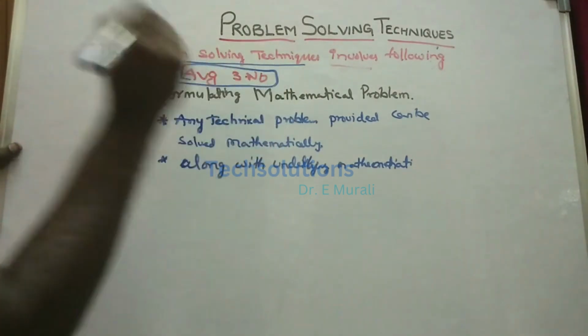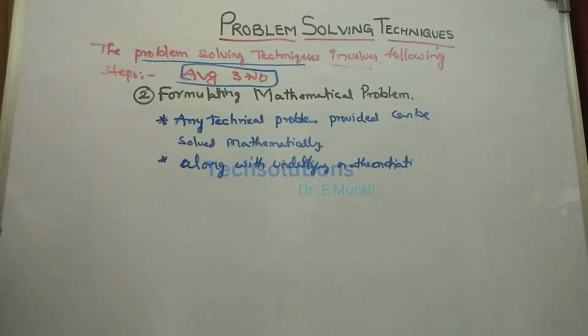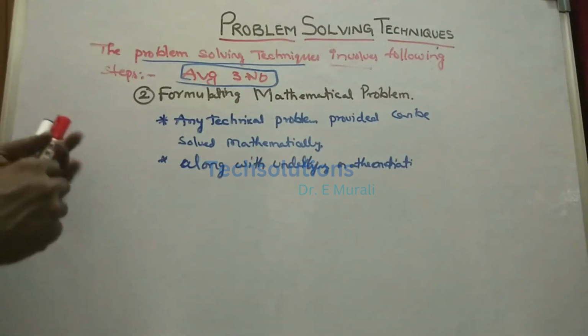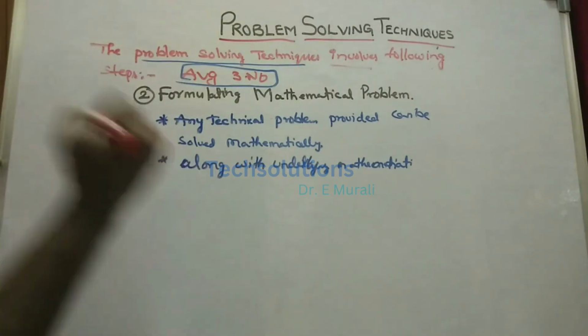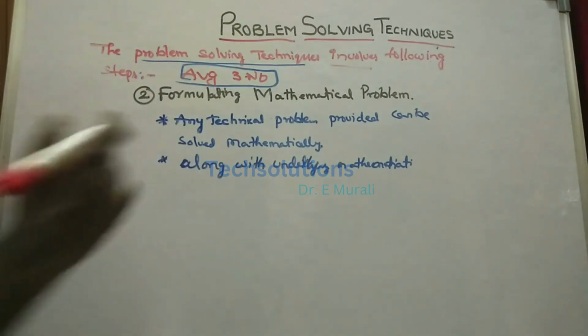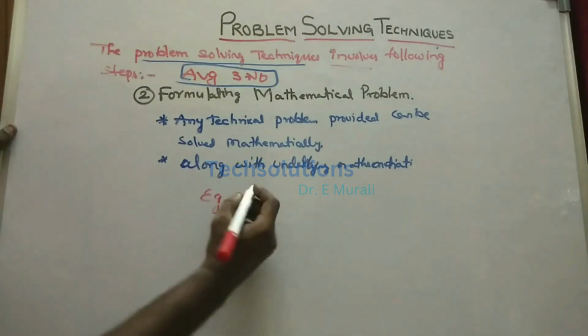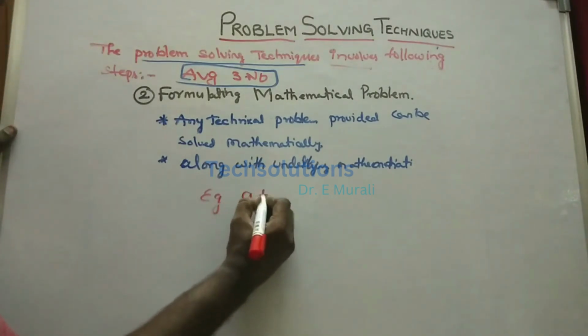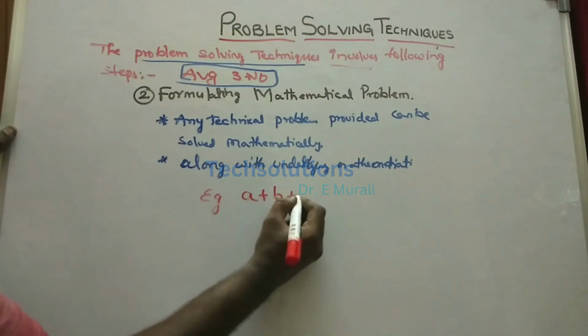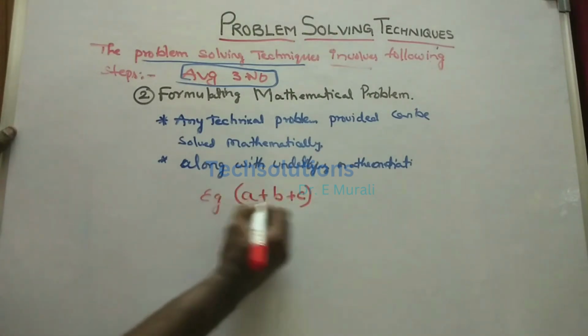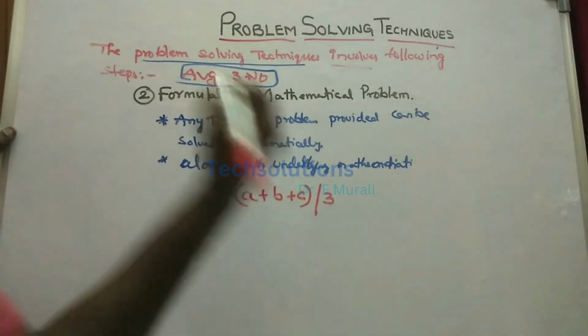For this problem statement, in defining the problem, I have to identify the number of inputs and the number of outputs. Now those inputs and outputs will be formulated as an equation. For example, the inputs are A plus B plus C, then the whole divided by 3. That is the formula.